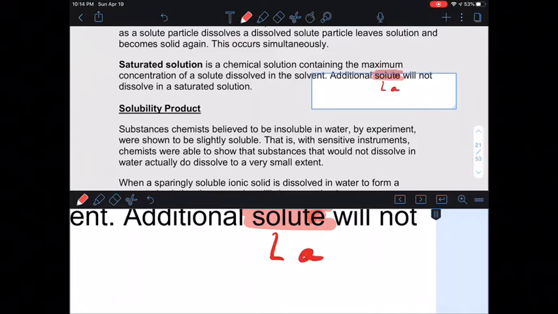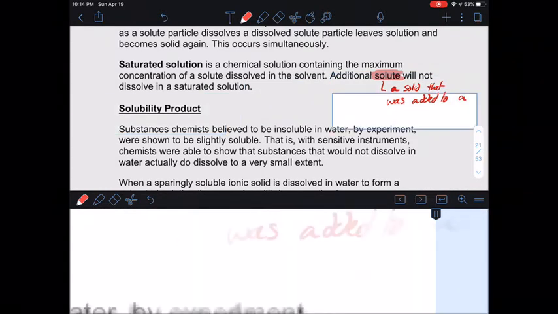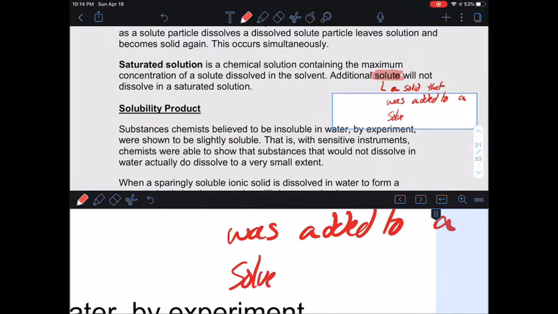So this is a solid that was added to a solvent, and this solvent is usually water.